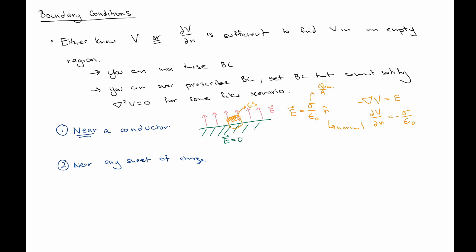Now in this case, let's say I've got a positive sheet of charge, and around it I've got an electric field that is pointing away from it. We're going to assume it's a really long sheet of charge, so any effects near the edges won't be significant.